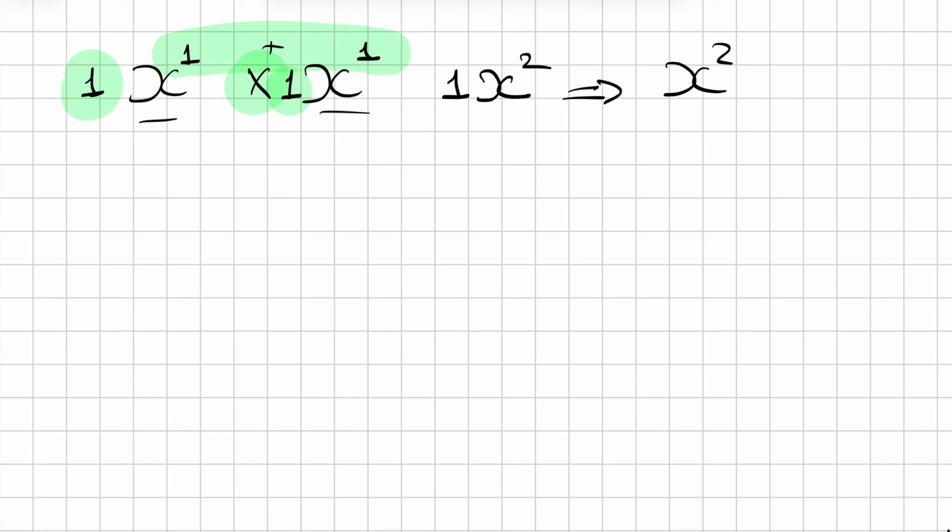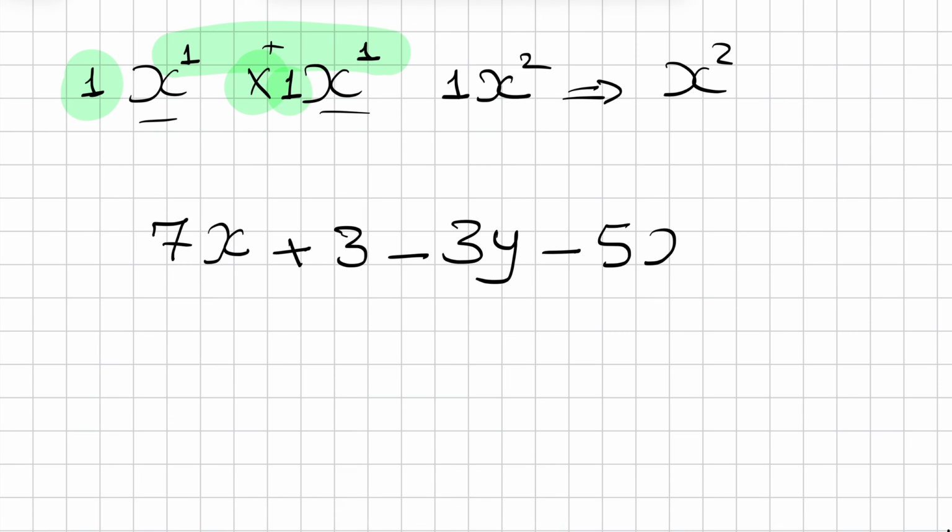Okay, what about this one here? 7x plus 3 minus, let's say, 3y minus 5x. These are like terms, so we just include them.